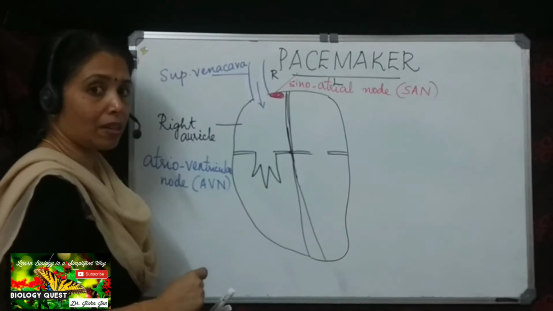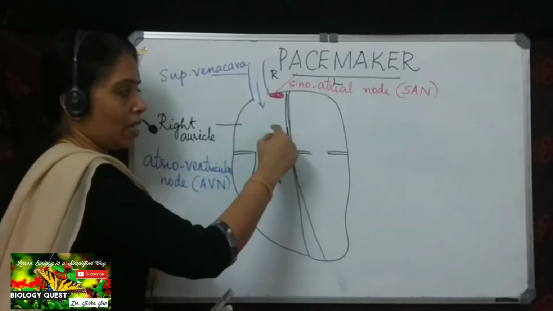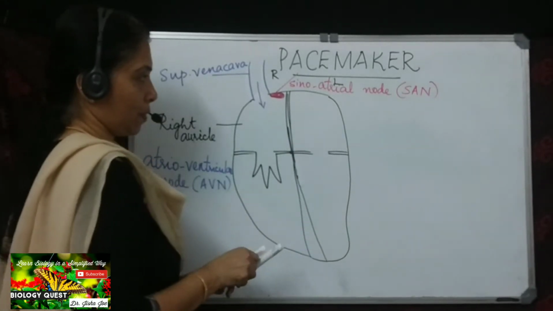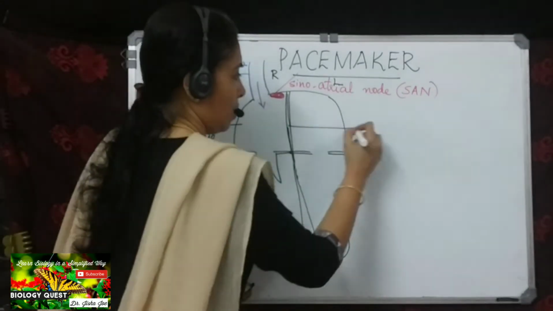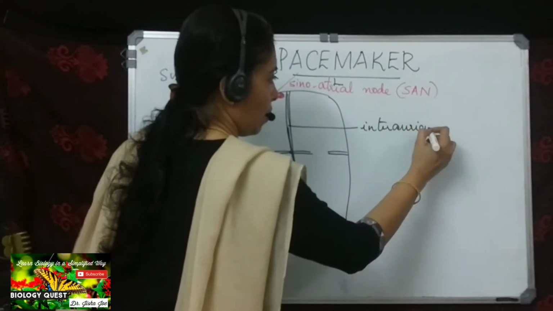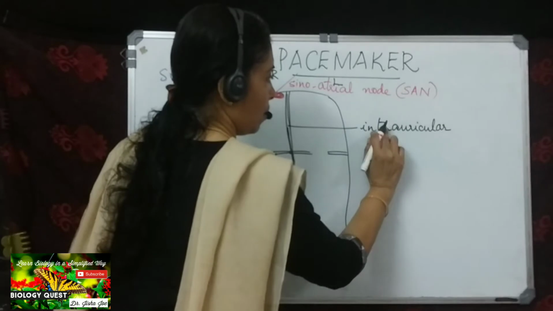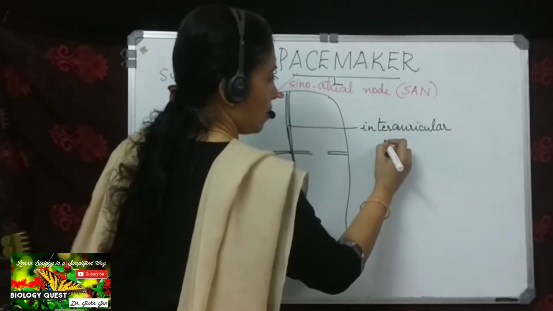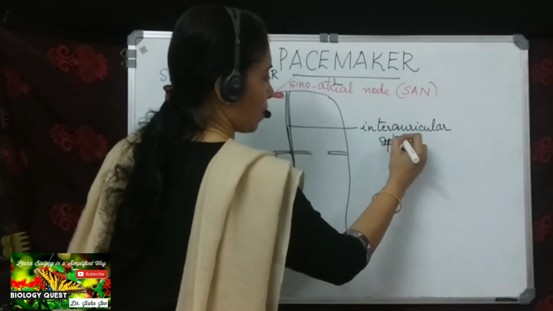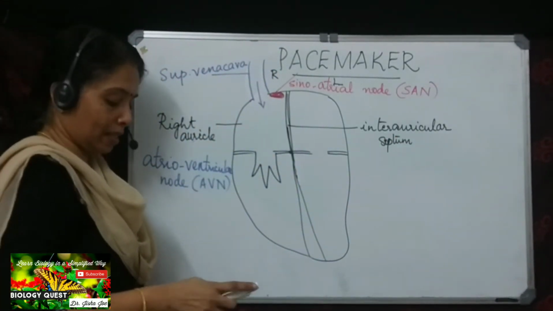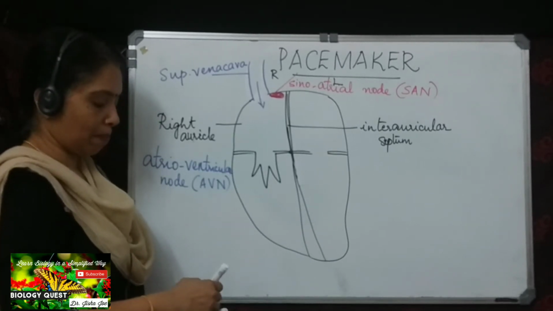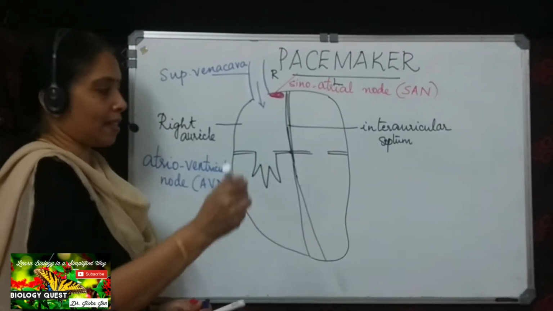Which is the interauricular septum? That is the septum in between the two auricles. So the AVN is located near the interauricular septum, close to the tricuspid valve.